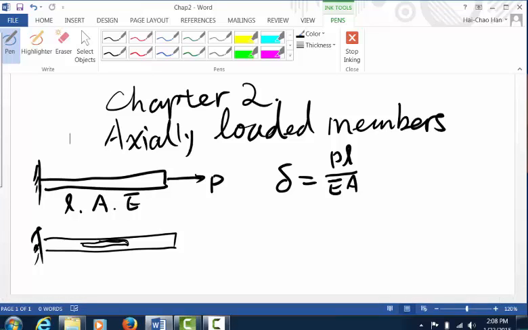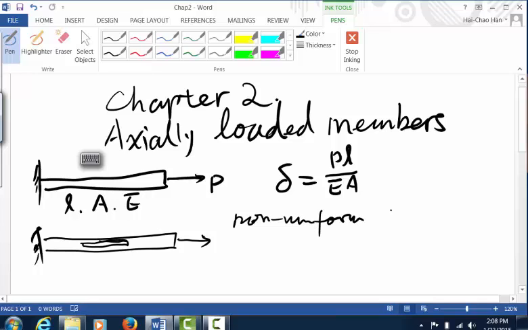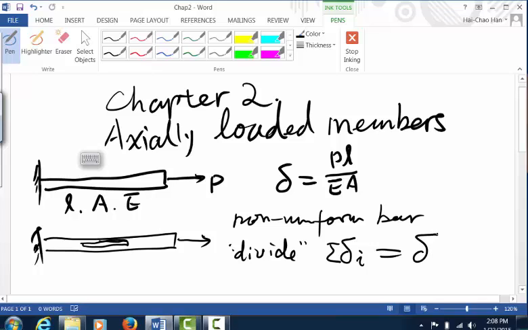The general idea is very simple. For any non-uniform bar, you divide it up. I use the word divide, and I'll tell you why I quote it. So divide up into several pieces, and then you calculate each one, all these individual elongations, and then you add them together. That gives you the total. That's how we're going to do it. So that's the general idea.